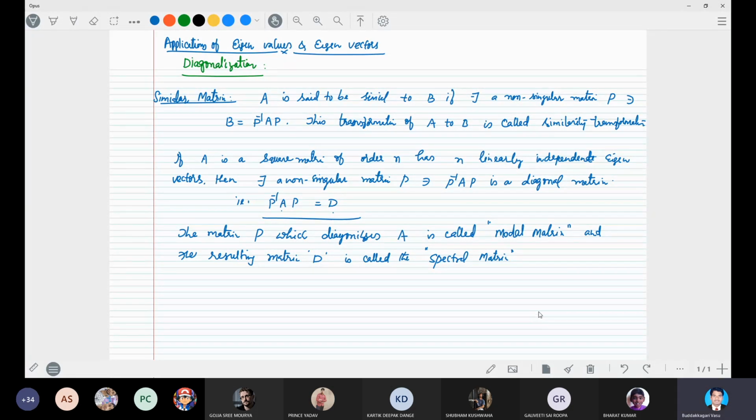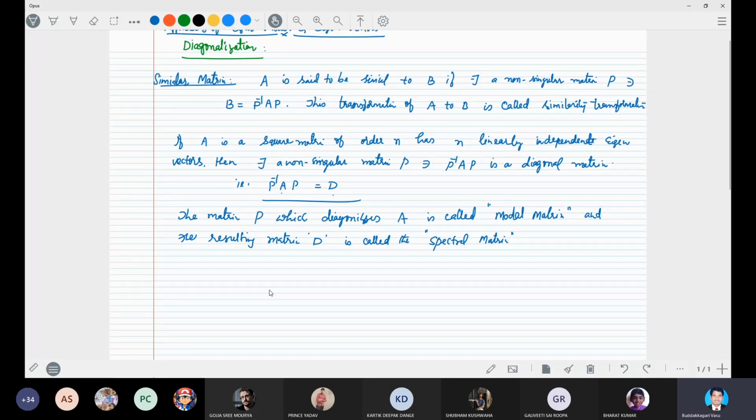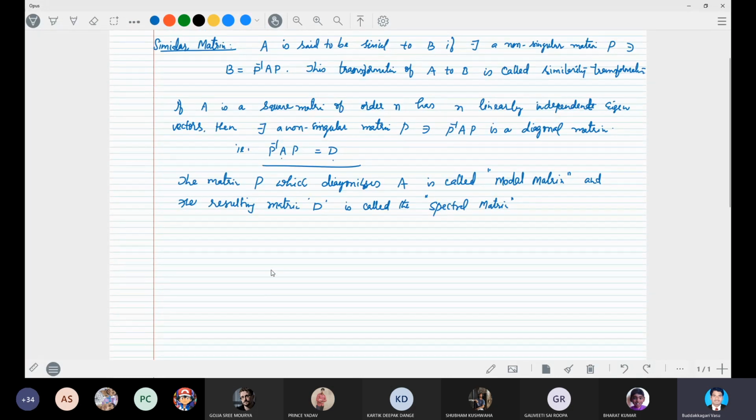Therefore this D is called the spectral matrix, and the matrix which diagonalizes A, that means P, is called the model matrix. So now let's see how we do the diagonalization, that means how this A is turned into the diagonal matrix.